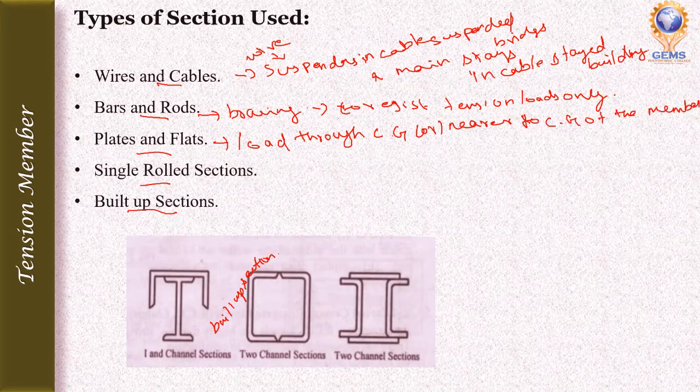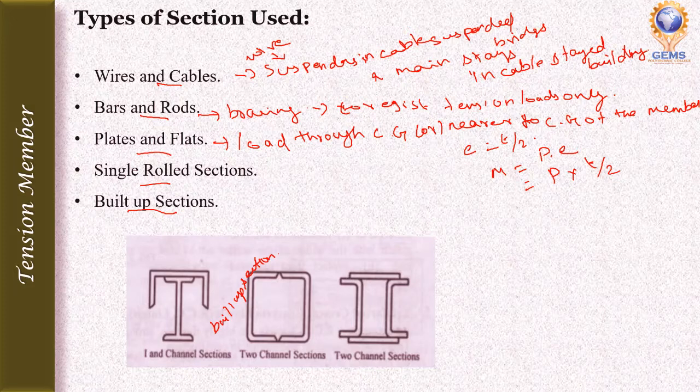If the load is transferred at the CG, then your eccentricity will be T by 2. The moment value is load into eccentricity, that will be P into T by 2. So if your eccentricity is less, your moment will also be less. That's why we consider these flat sections.